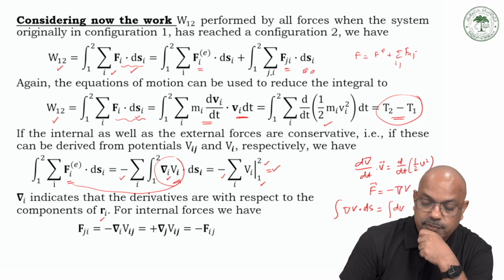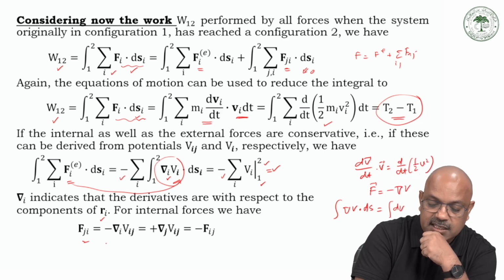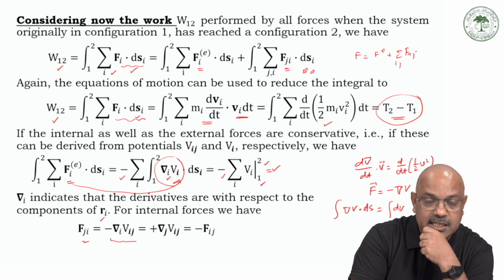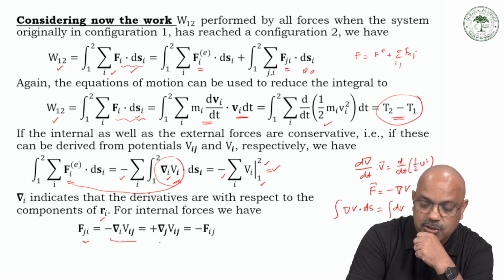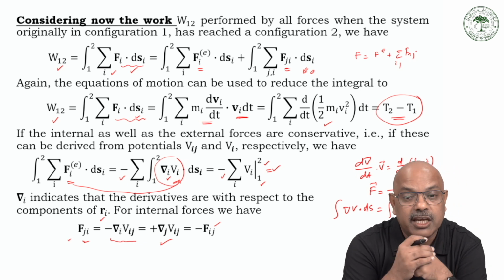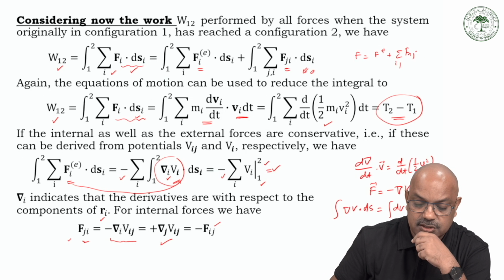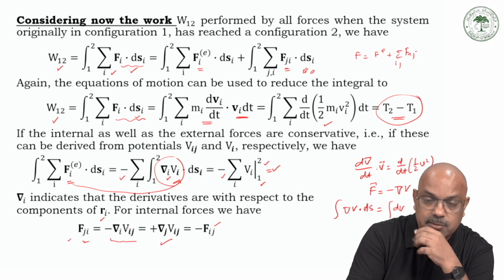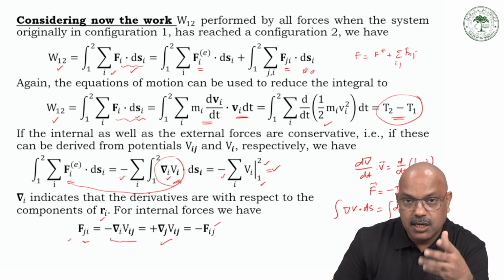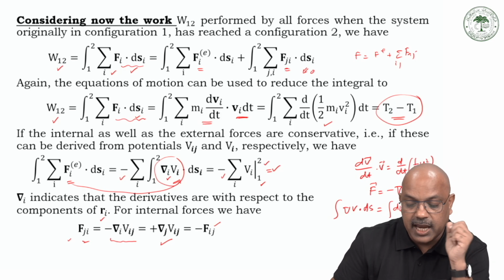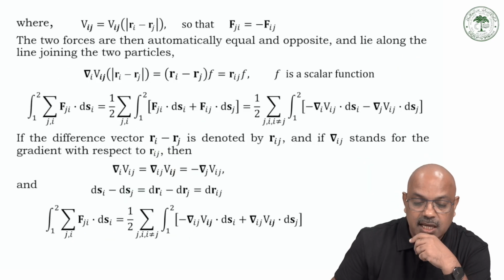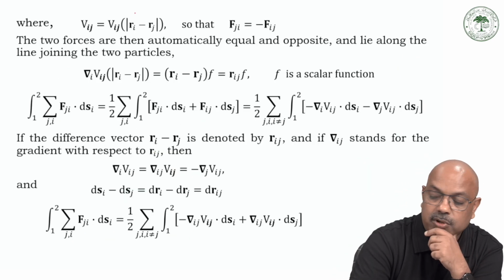So for internal forces, what we have, F_ji is like minus delta_ij, and that is going to be plus, because we know that F_ji is going to be minus F_ij. And V_ij is the potential because of these two particles, 1 and 2, between which the forces are acting, and V_ij depends upon R_ij.